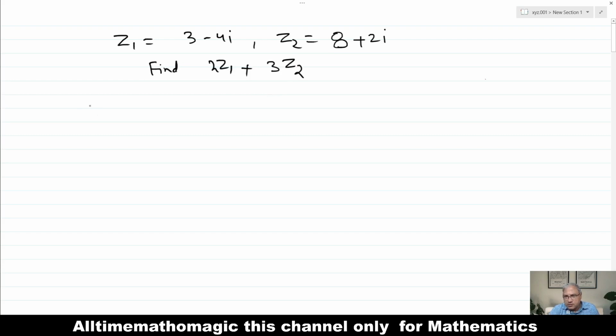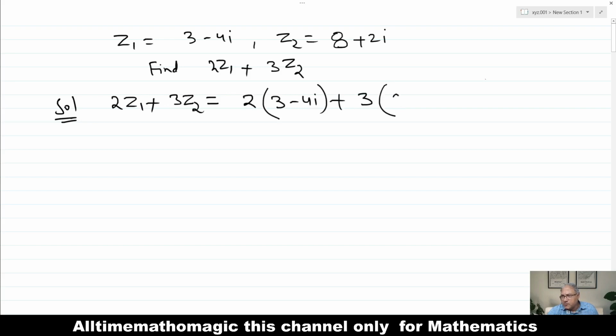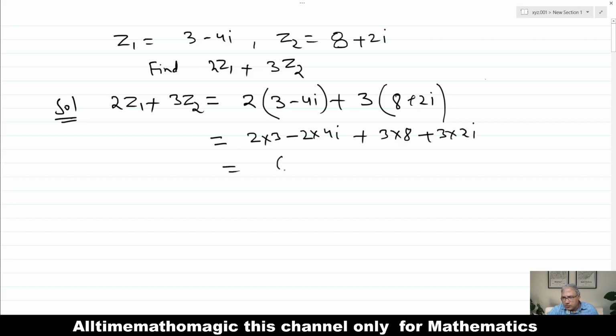How to find that? Solution: we need to find 2Z1 plus 3Z2, that is 2 into, in place of Z1, 3 minus 4i, plus 3 into, in place of Z2, 8 plus 2i. Then 2 into 3 minus 2 into 4i plus 3 into 8 plus 3 into 2i, that is 6 minus 8i and 24 plus 6i.